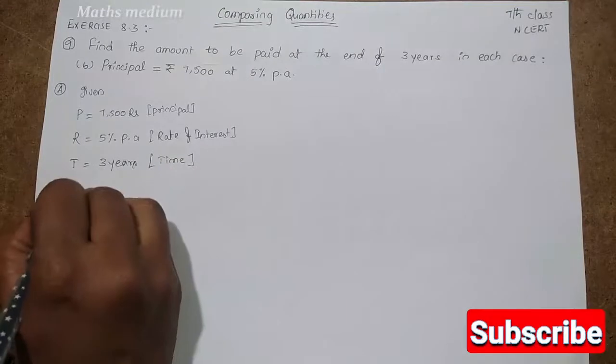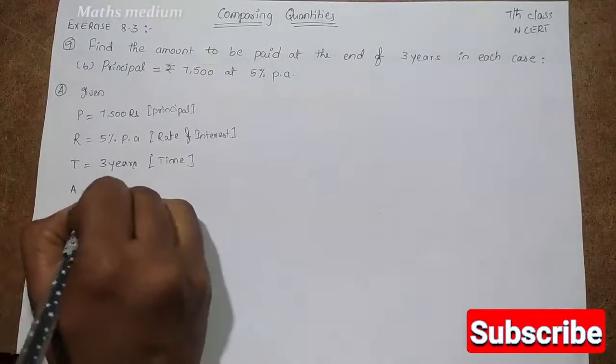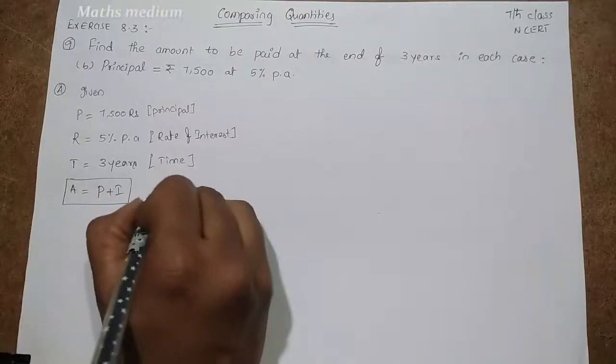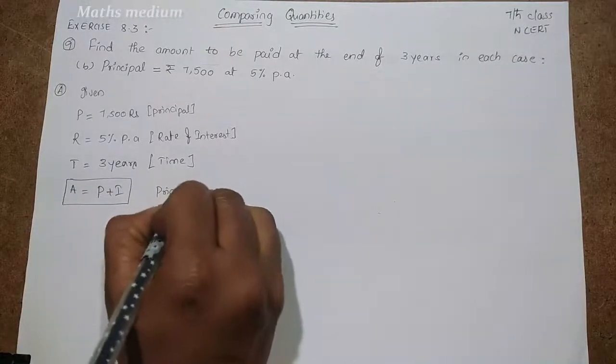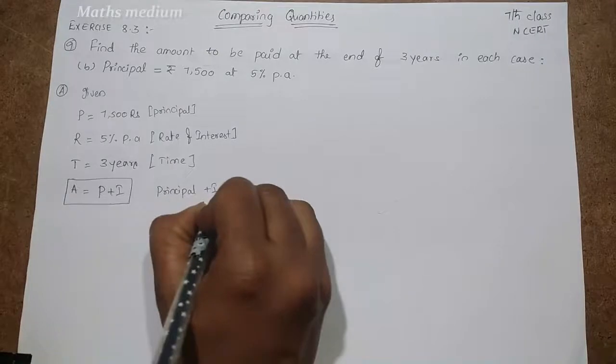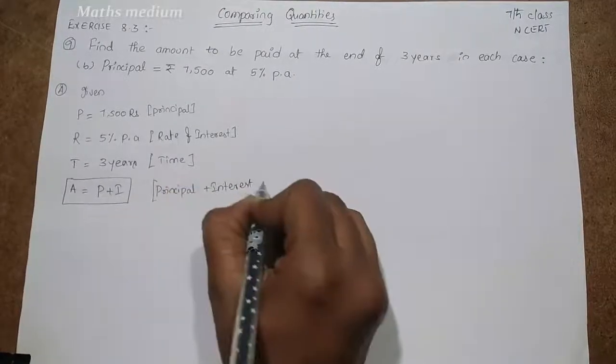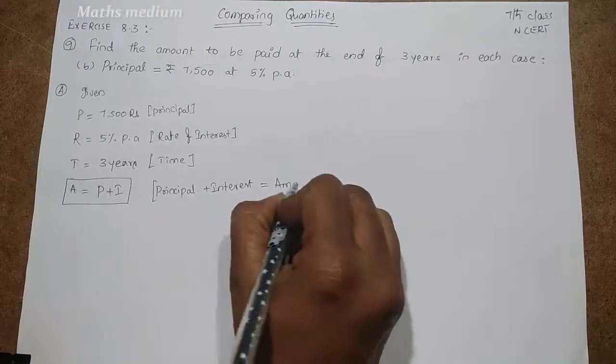And we have to find A, that is P plus I. It means principal plus interest. So these two give rise to the amount.